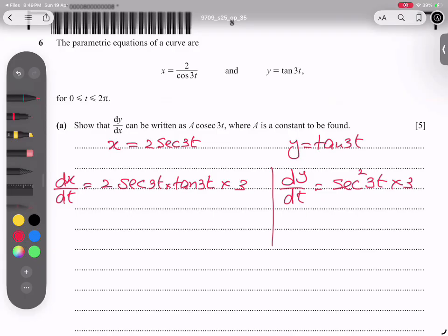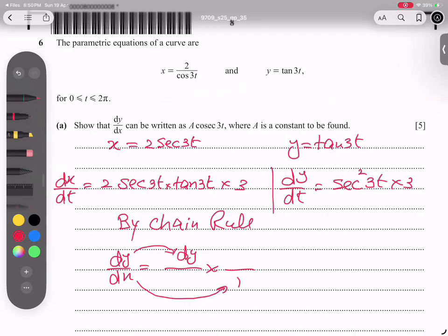Now, what he's demanding from us, he's saying find a. So I'm writing here, by chain rule, what my job is: to find dy over dx. So here I write two fractions. This one comes first, numerator dy, and this goes second, denominator dx. The third variable is t, so dt and dt.